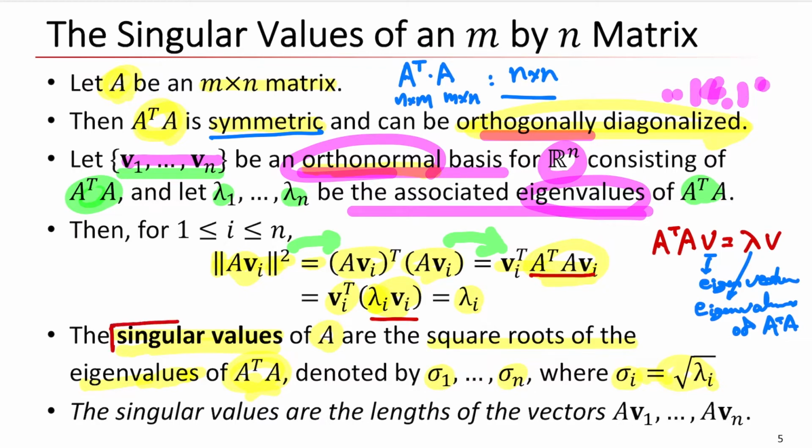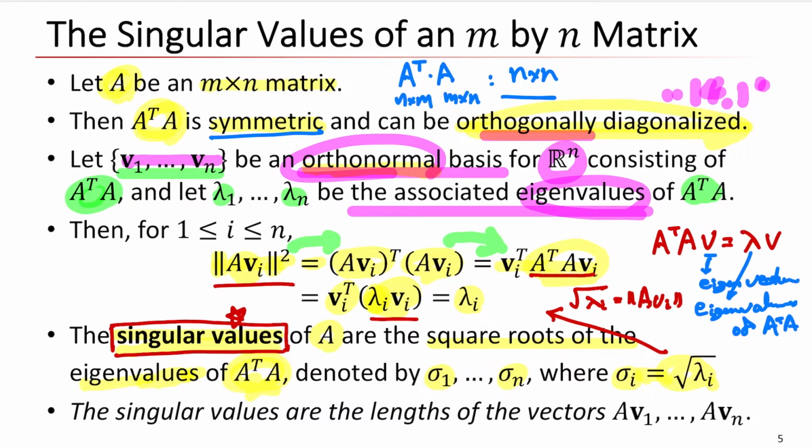So we define the singular values of the matrix A as the square roots of the eigenvalues of A transpose A, denoted by sigma 1 through sigma n. As you can see here, sigma i, the square root of lambda i, is just the length of Avi, right?